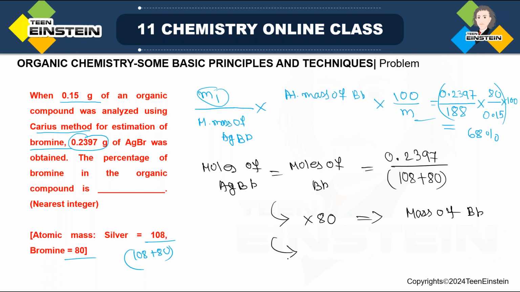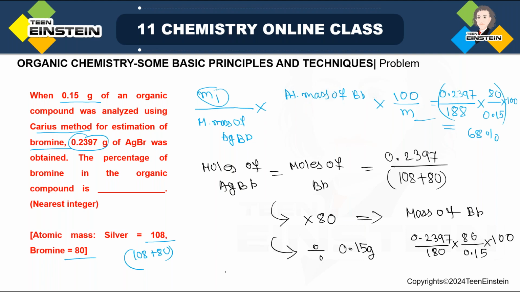Once you have obtained it, next you will divide it by M, which is 0.15 gram. That is initial organic compound you have taken. If you do this calculation, you will see again you will get 0.2397 divided by 188 multiplied by 80 divided by 0.15. So it is actually same logic, and again it will be 68%.